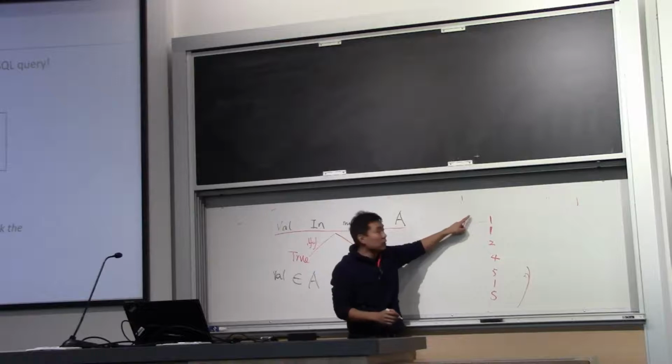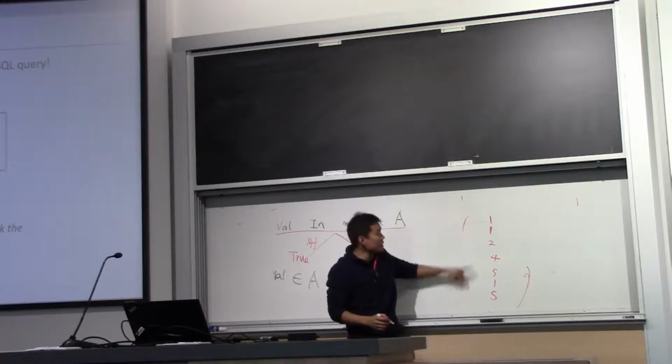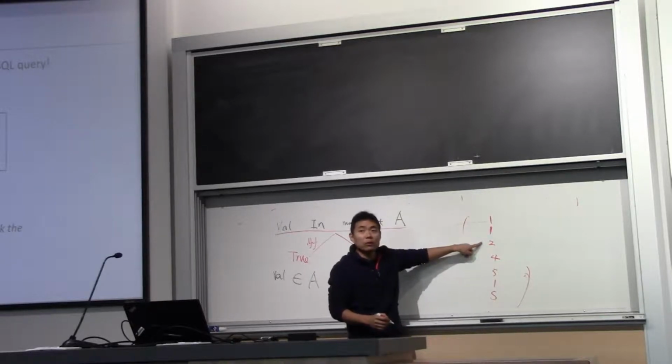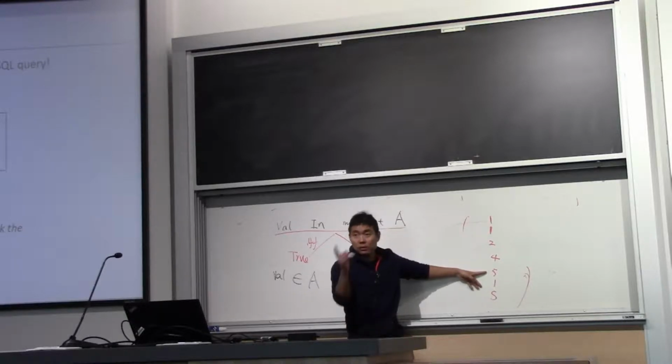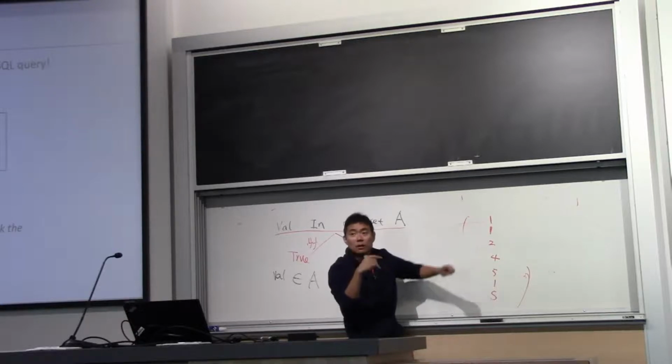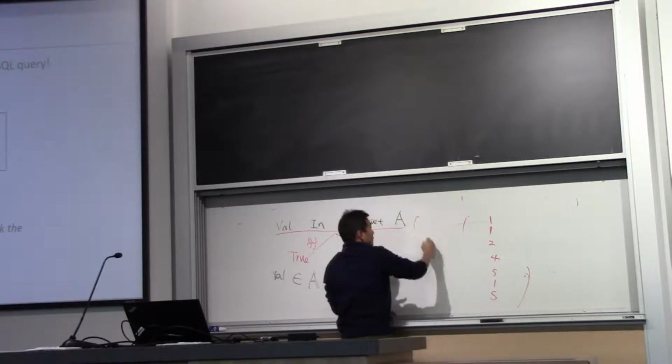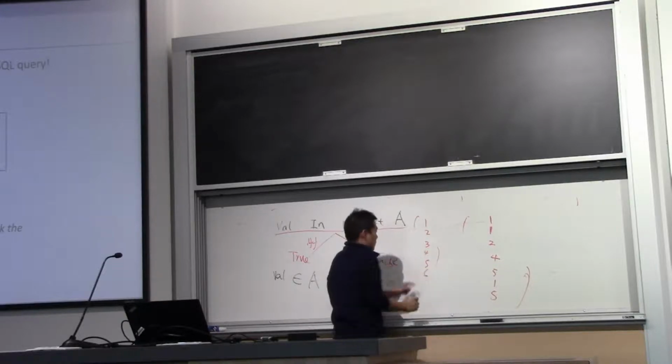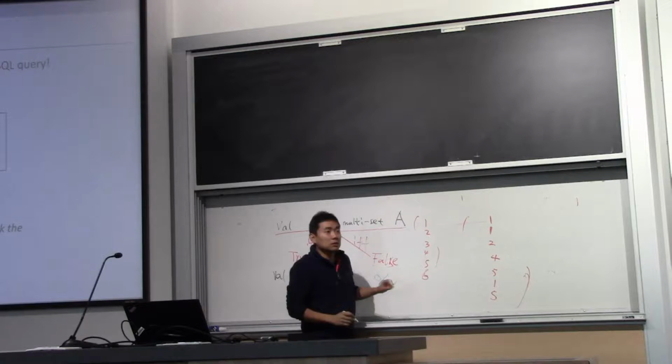This means sailor ID 1 reserved boat 103 three times, sailor ID 2 reserved boat 103 once, sailor ID 5 reserved boat 103 twice, and sailor ID 4 reserved boat 103 once. So far so good? Now my outer block is, let's say, 1, 2, 3, 4, 5, 6, meaning 6 sailors.